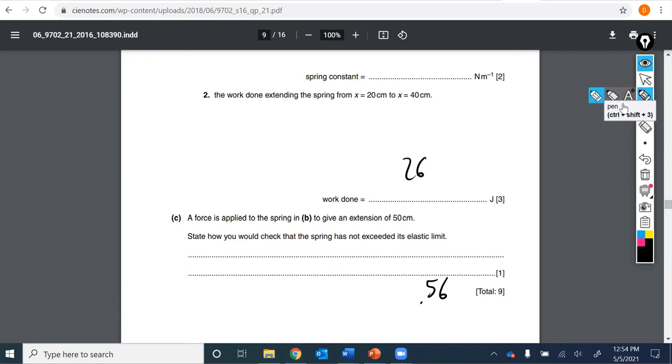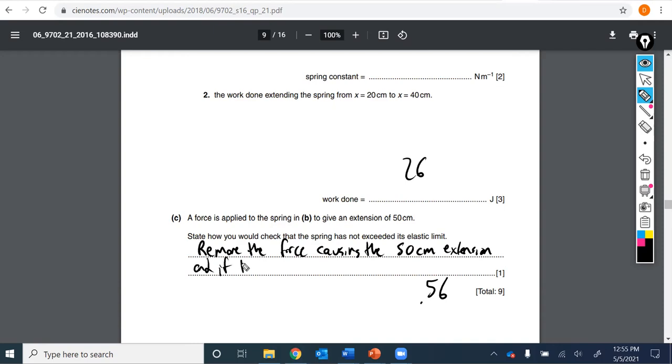So we can say, remove the force causing the 50 centimeter extension.